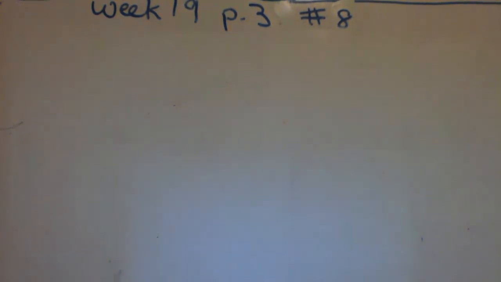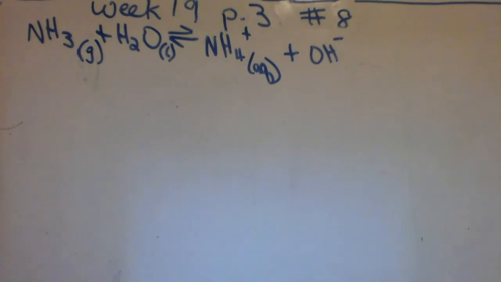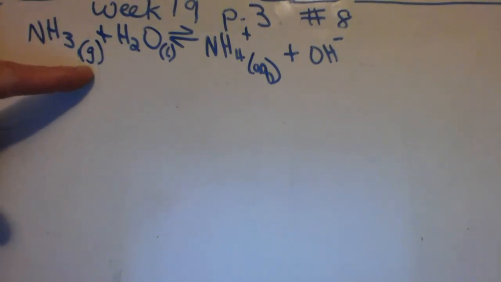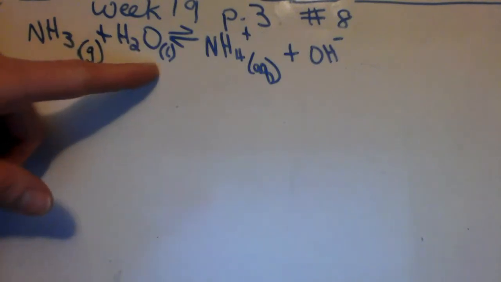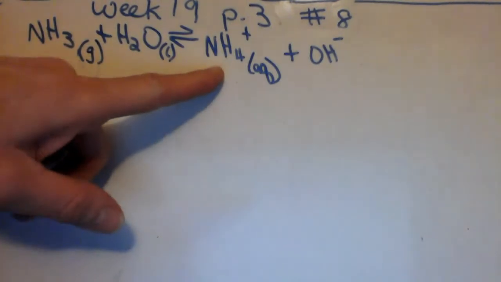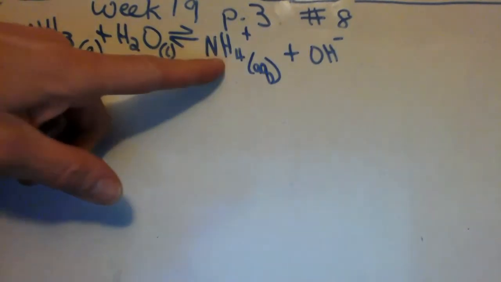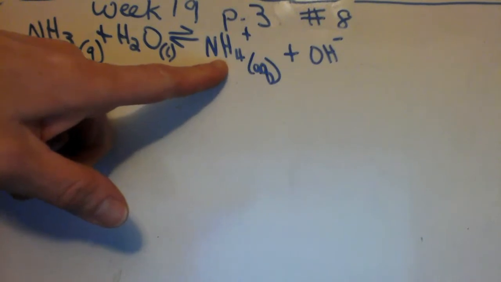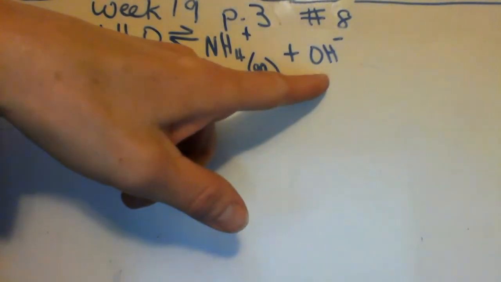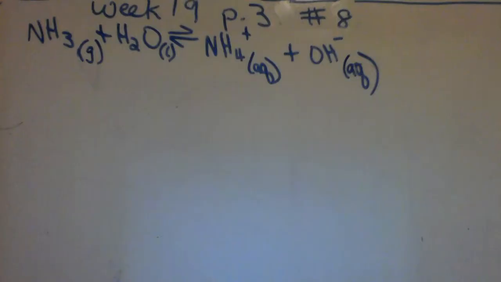Now, of course, the first thing we're going to do is write an equation. In this equation, we see that ammonia is actually a gas, which is added to the water, which is a liquid. It results in an ammonium ion with a positive charge and a hydroxide ion with a negative charge.